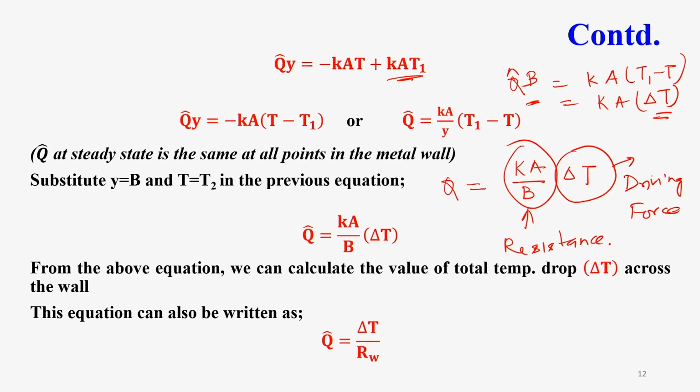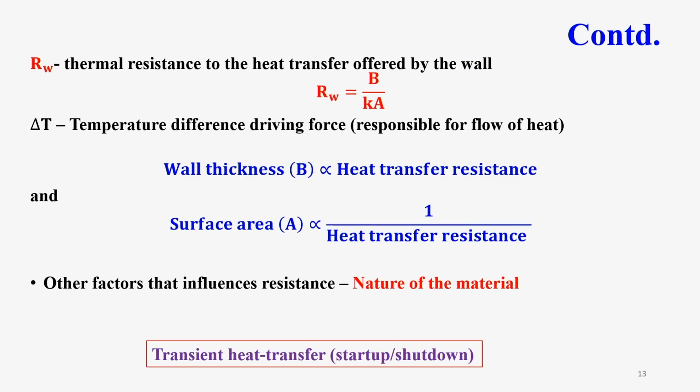So, in other words, Q equals delta T, the driving force, upon Rw, the resistance, and Rw is b upon K A. So, wall thickness is directly proportional to Rw and surface area is inversely proportional to Rw. In addition to thickness and area, there is another factor, the nature of material, that also affects the heat transfer resistance.